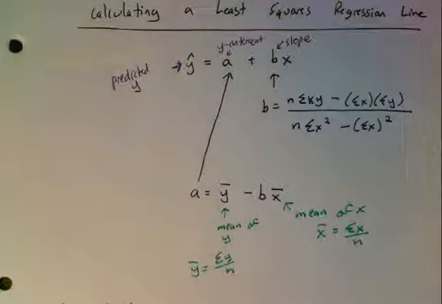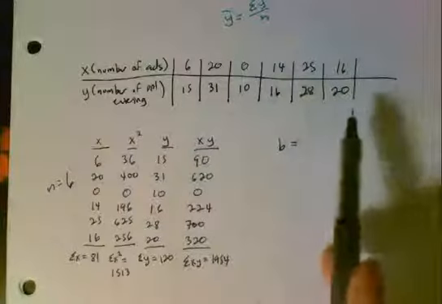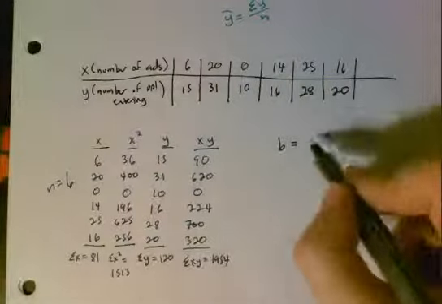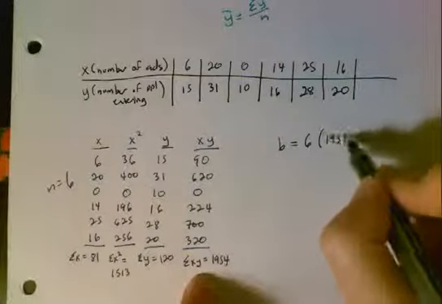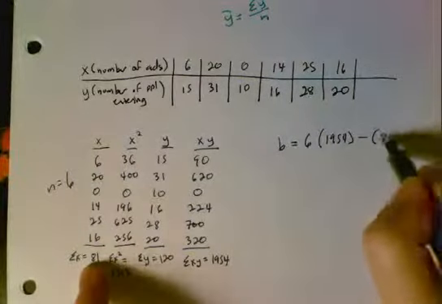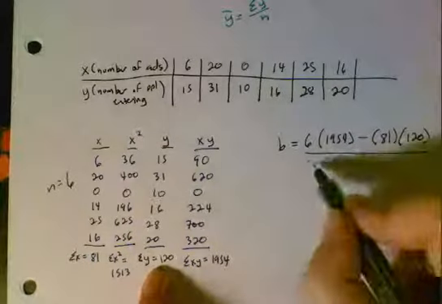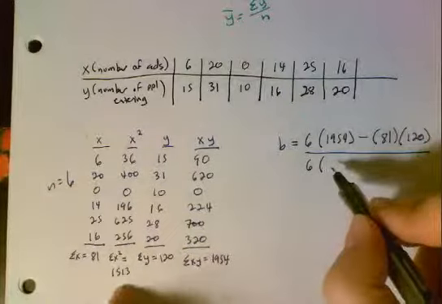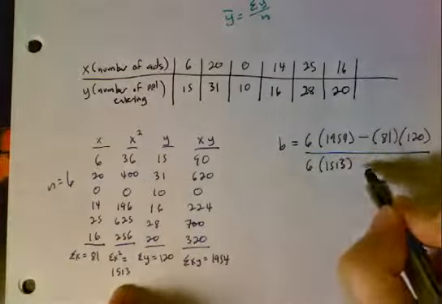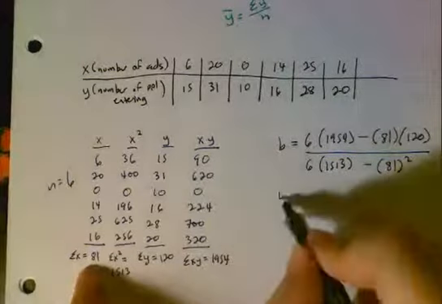So b is going to be n. So n equals 1, 2, 3, 4, 5, 6, because there are 6 values here. So b is going to be 6 times sum of xy minus sum of x times sum of y, over n times sum of x squared minus sum of x quantity squared.